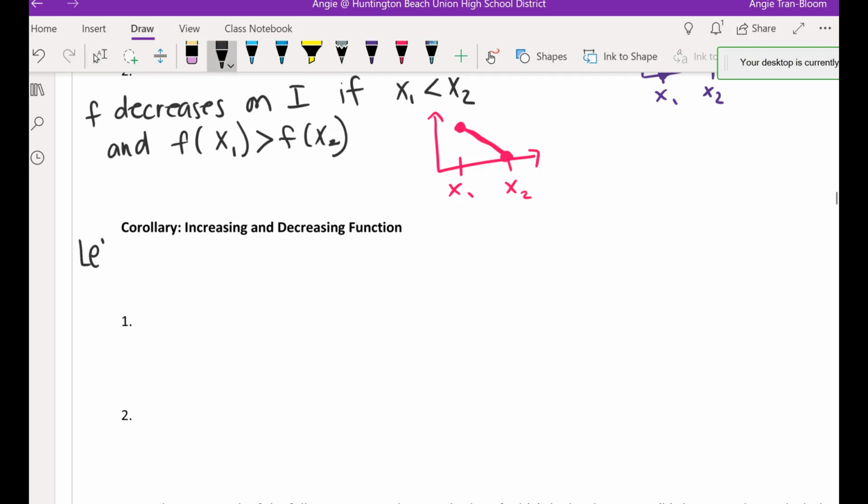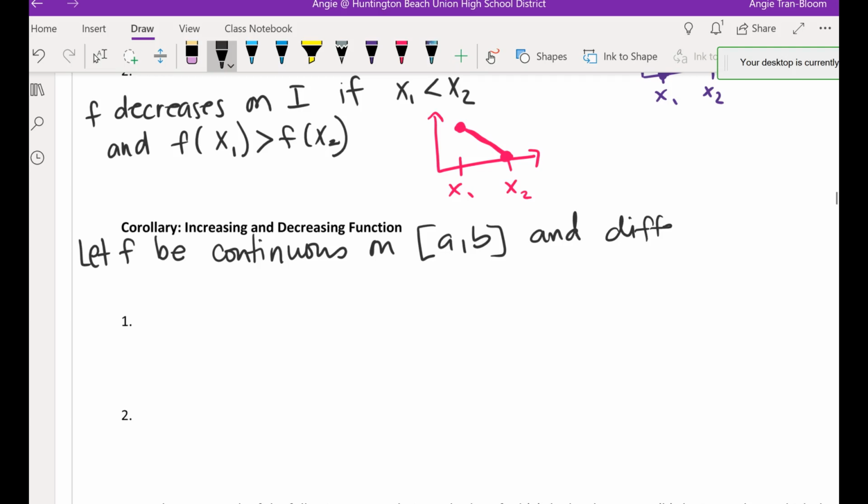So, increasing and decreasing function. Let f be continuous on the closed interval a to b, and differentiable on the open interval a to b. So this is sort of backing up the definition of increase and decrease.